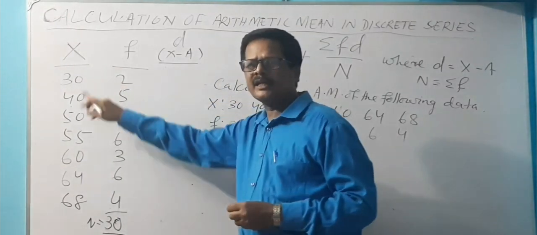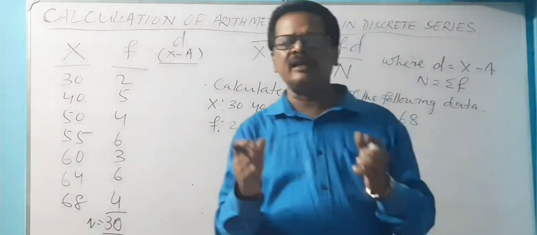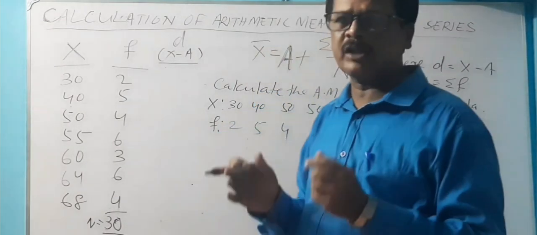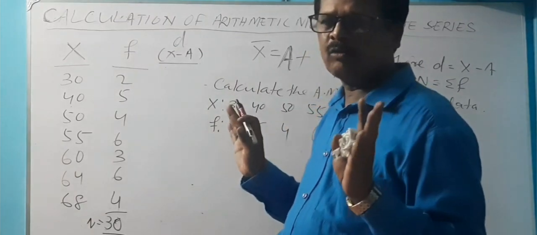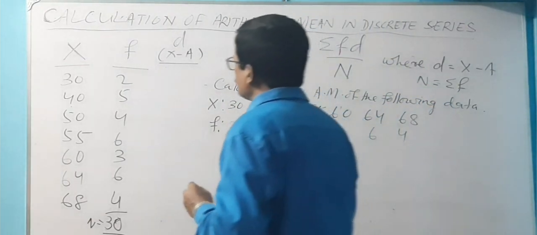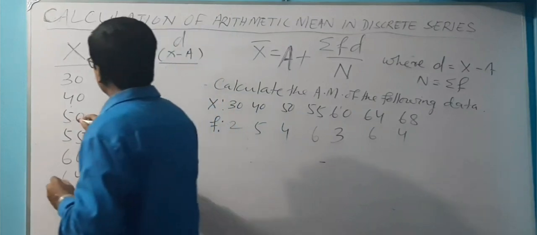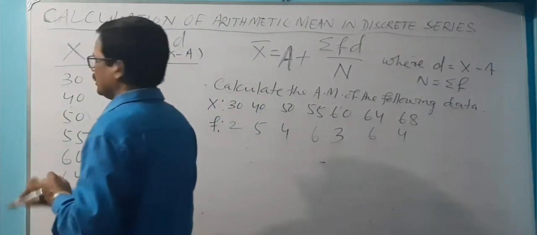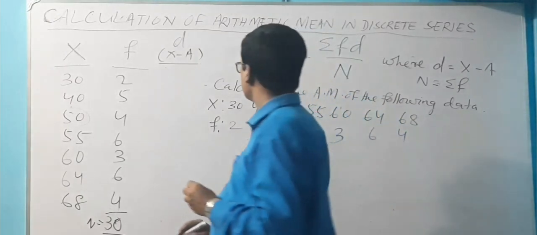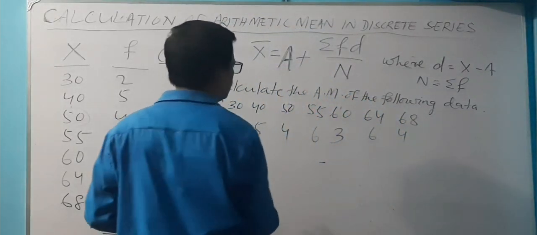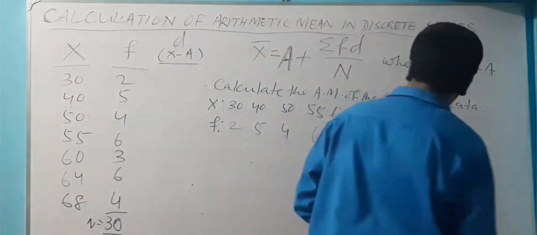We can take the mid value, 98 by 2, that is 49, or 50 or 55, as assumed mean. No problem. In our question there is 50, so let a is equal to 50.